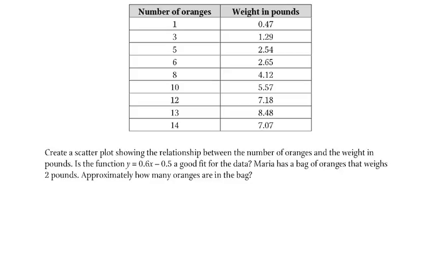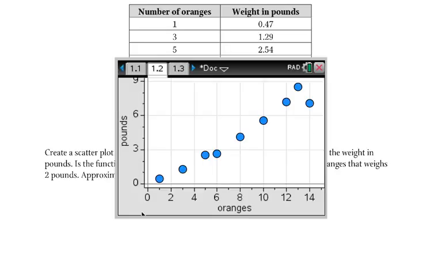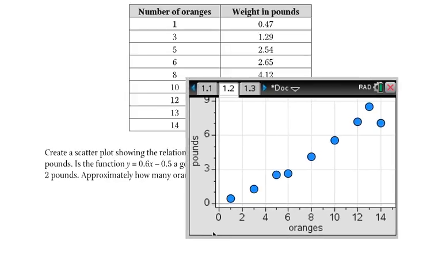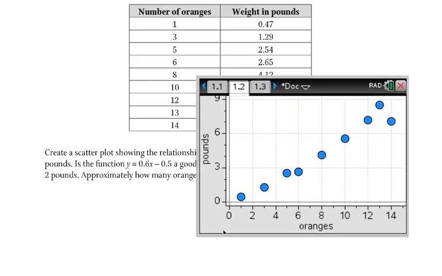And you end up with a graph that looks like this. Okay. So then we want to see how good 0.6x minus 0.5 is. So I'd go to my calculator, go Menu, Analyze, Plot Function, and I type in 0.6x minus 0.5, hit enter, and we see what that gives us.